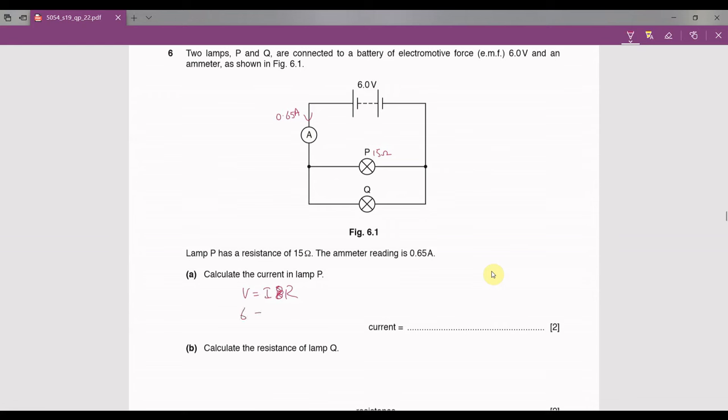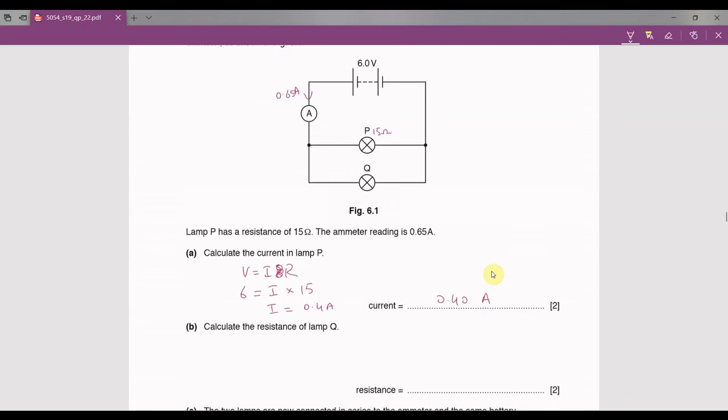Potential difference is 6, current is what you have to calculate, and the resistance of P is 15 ohms. So I would be 6 divided by 15, and you get 0.4 amperes. 0.40 amperes should be your answer.